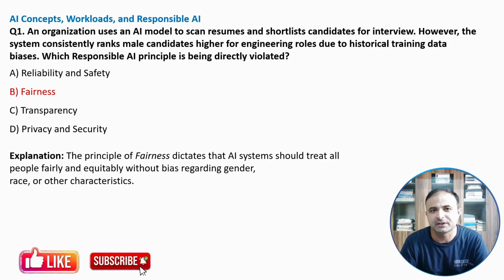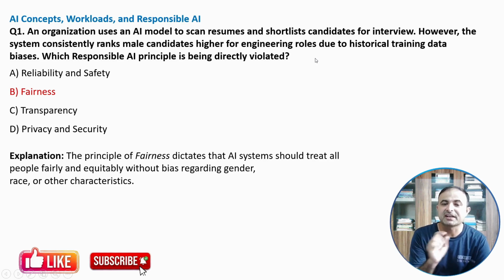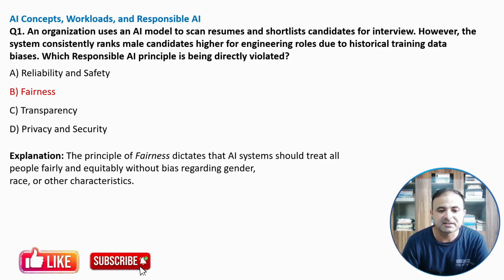Right now, websites like LinkedIn and Naukri.com analyze the resume and decide whether you get shortlisted or not. However, the system consistently ranks male candidates higher for engineering roles due to historical training data bias. Which responsible AI principle is being directly violated?